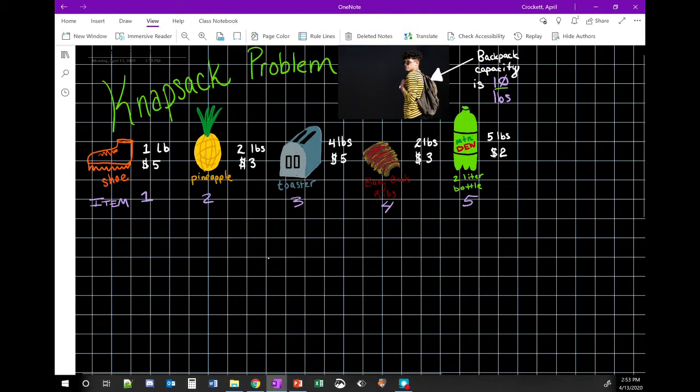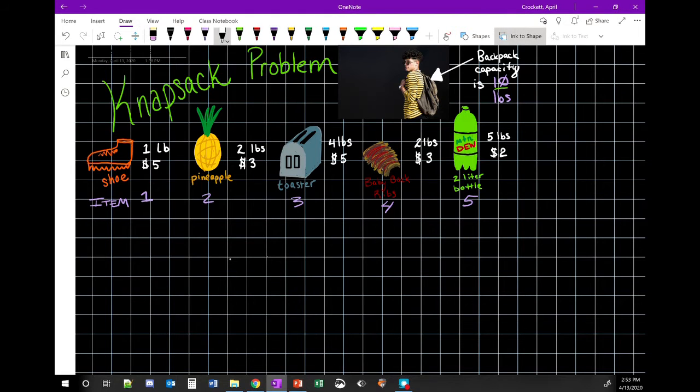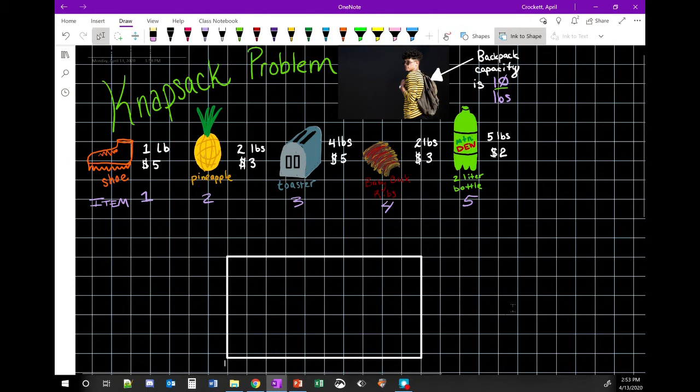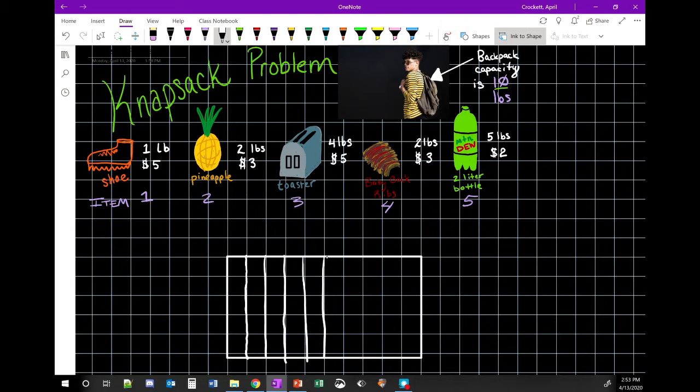Okay, so I'm going to create 5 rows, and 10 columns, 1, 2, 3, 4, 5, 6, 7, 8, 9, 10, and rows 1, 2, 3, 4, 5, like that. Close enough. Okay, I created 10 columns. Now, why did I create 10? That's because 10 is our capacity.